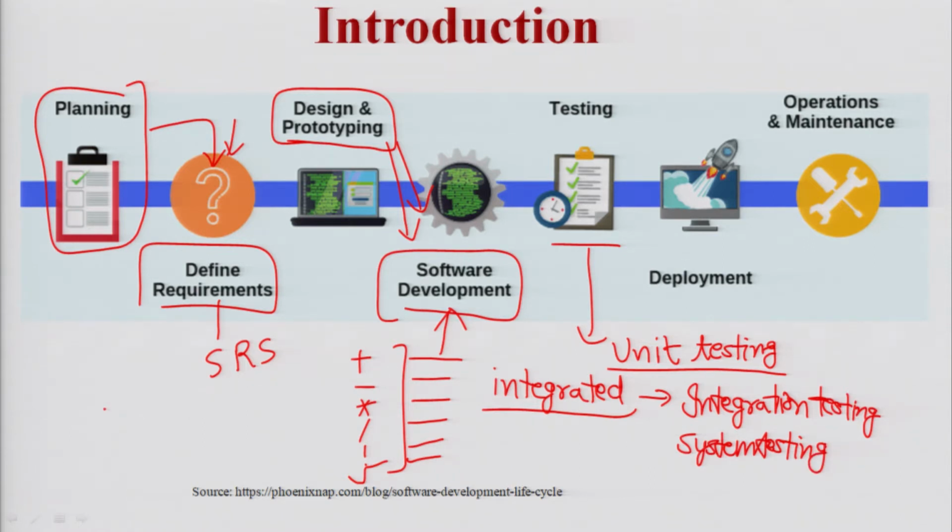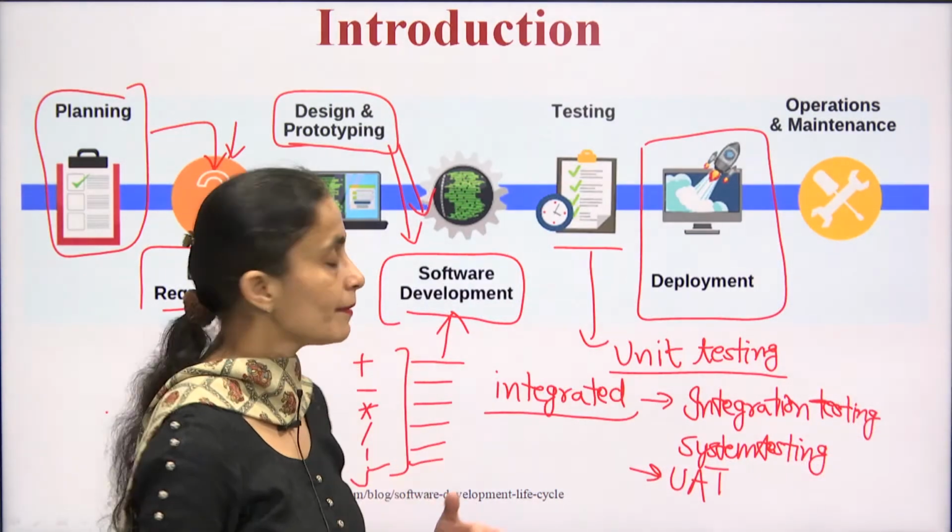After system testing, we involve the customer to perform acceptance testing. That means user acceptance testing comes into the picture and the software will be deployed. First, the internal company persons check the software for its acceptance, then it will be deployed.